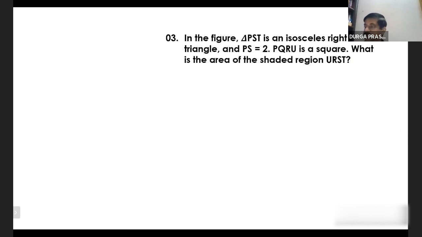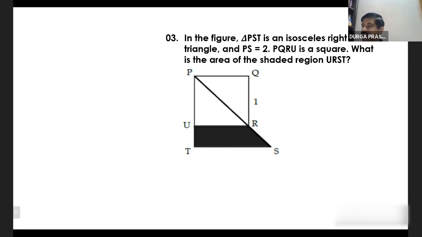Now let us go to the next question. In the figure, triangle PST is an isosceles right triangle. Isosceles right triangle means TS should be equal to PT.